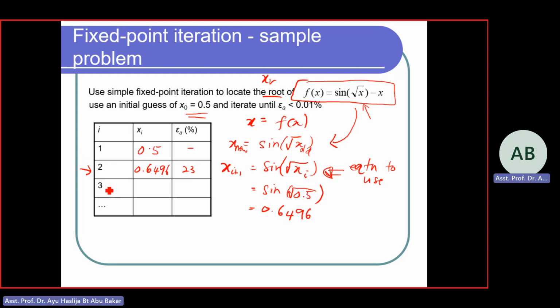For the third iteration, you will need to find the x_i value using 0.6496. So for iteration 3, sine of the square root of 0.6496. Okay, try to proceed. Let's see how many iterations you need to do.